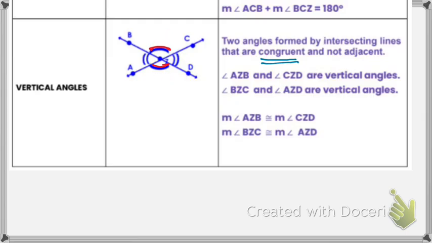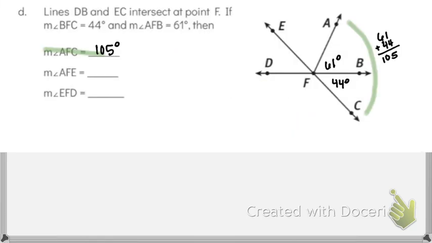So you're going to see that anytime you see 2 lines that are crossing each other, you have vertical angles. Looking at this one, they started off by telling us that line DB, this line right here, and line EC, this line right here, are intersecting. Now, if you're looking at this one, you see there are 4 angles.